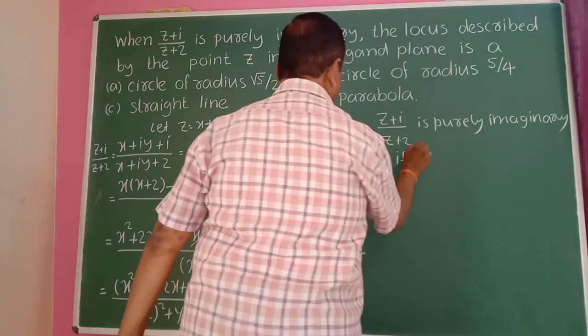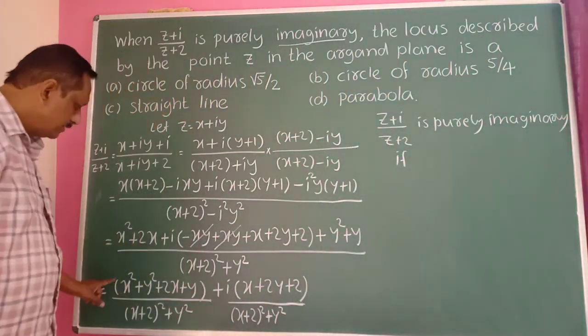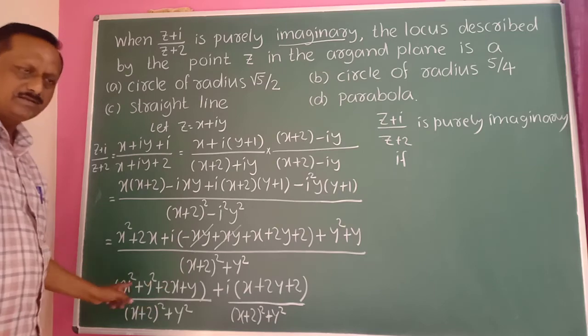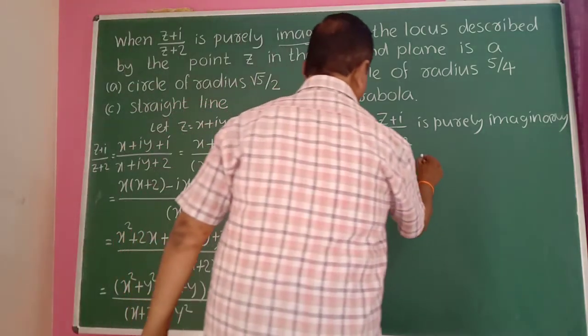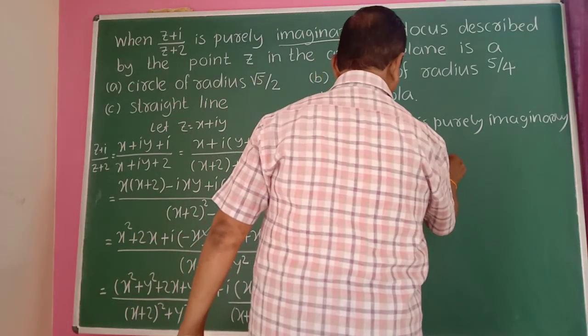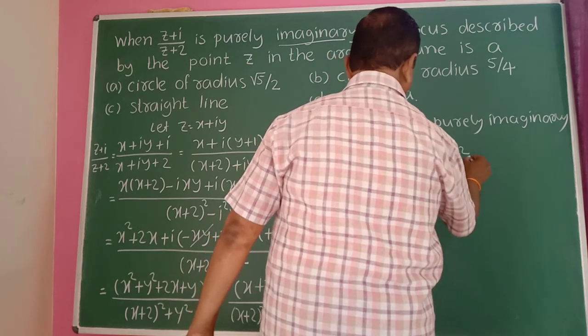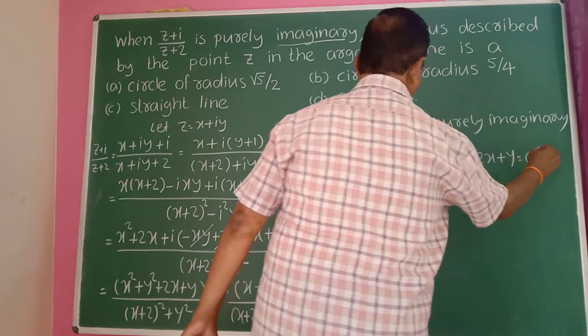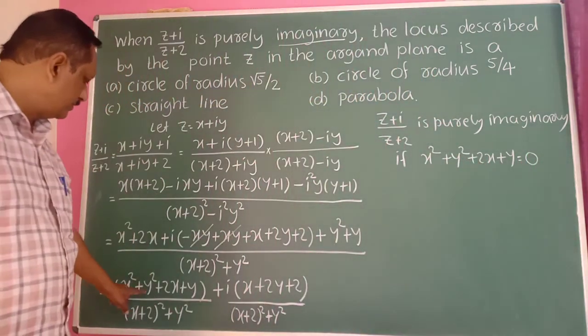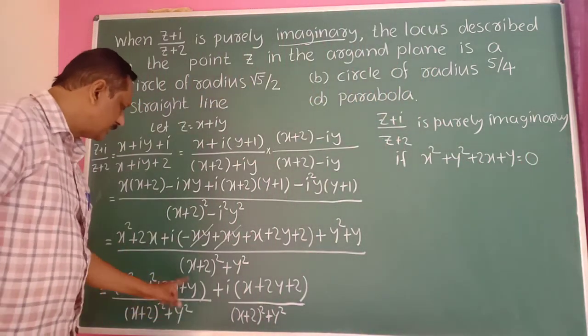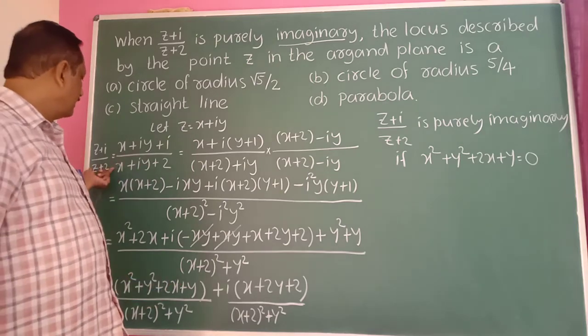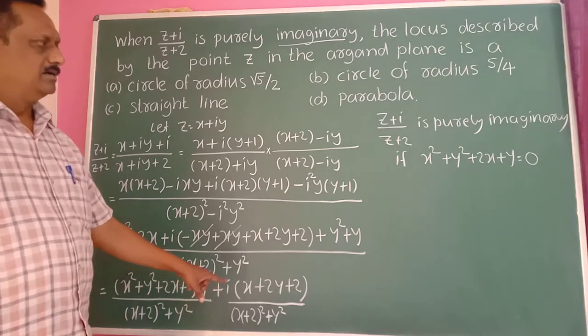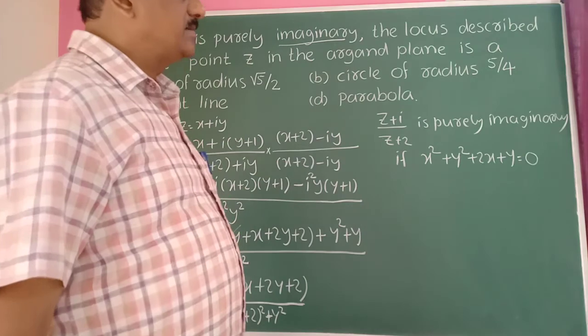If the real part is 0, the numerator must be 0. Hence x square plus y square plus 2x plus y is equal to 0. That is, when the numerator is 0, the complete term becomes 0, and then it is purely imaginary. Therefore, x square plus y square plus 2x plus y equals 0.